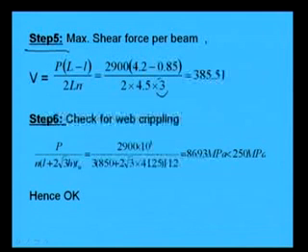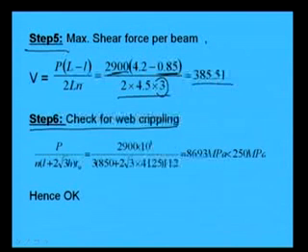So, maximum shear we can find out, P was 2900, L is 4.2 meter we calculated, and 0.85 meter is the plate dimension. So, we can calculate by this as 385.51, maximum shear force per beam will become 385.51, right.